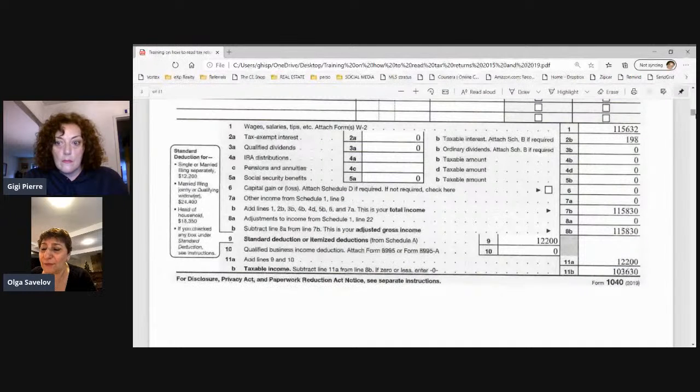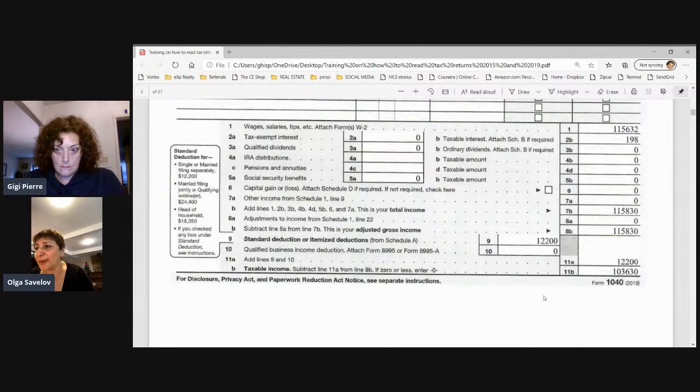It's going to give you a standard deduction here as well. She has a standard deduction of 12,200. Then you're going to see total income, and after the standard deduction, how much is taxable income.